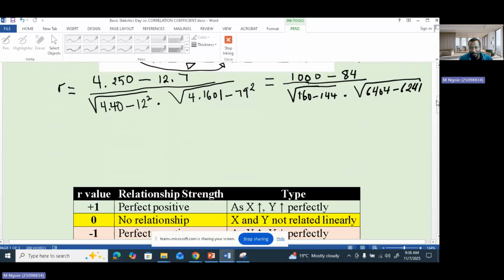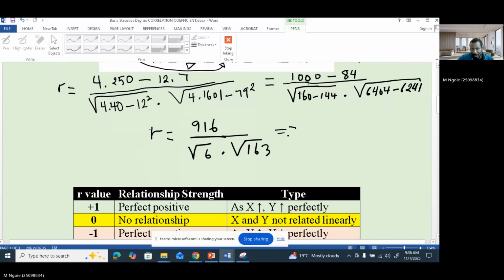And you come down here. So it's going to be 1000 minus 84. So our r is going to be 16 divided by the square root of 160 minus 144, that is 16, times 6404 minus 6241, that's 163. That gives us 916.